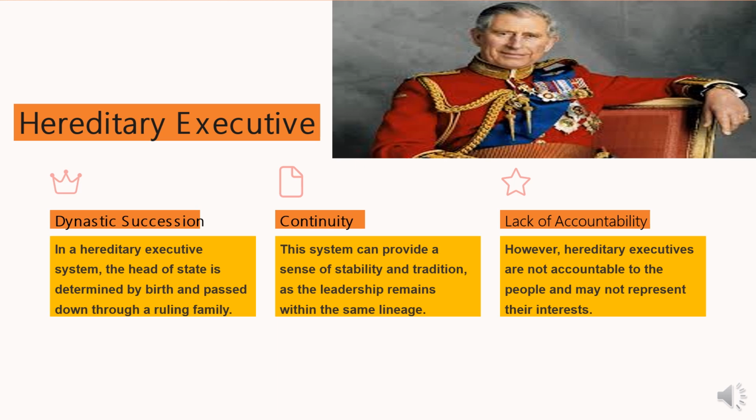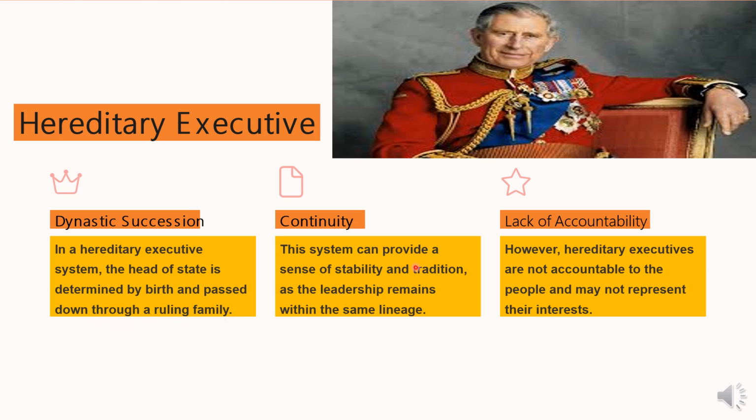So, some types of hereditary executives are absolute monarchy, constitutional monarchy, etc. Dynastic succession: in a hereditary executive system, the head of state is determined by birth and passed down through a ruling family.